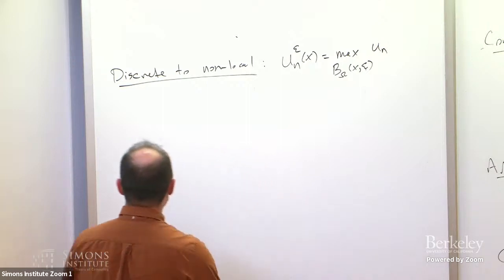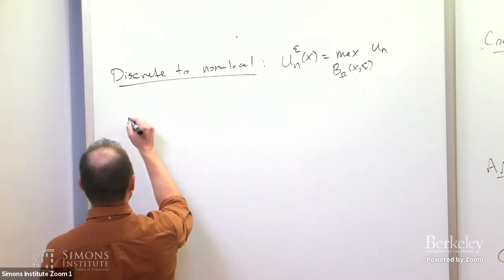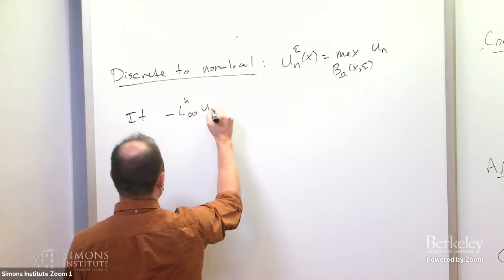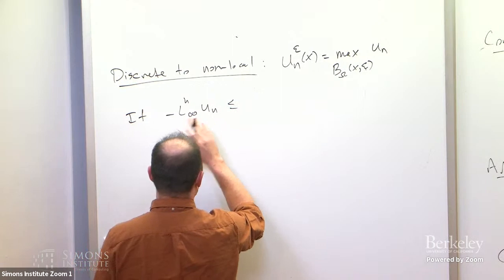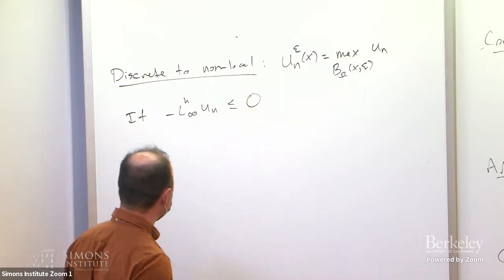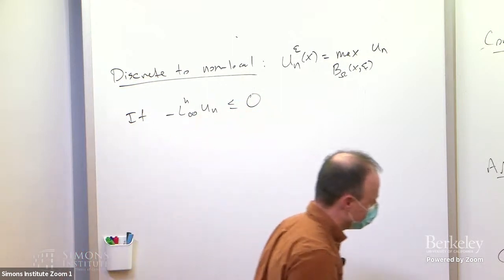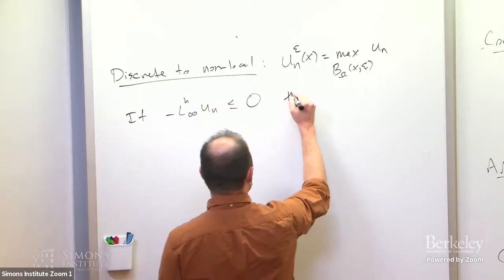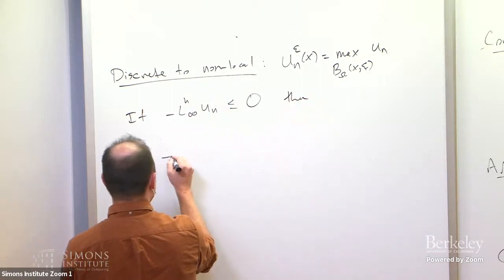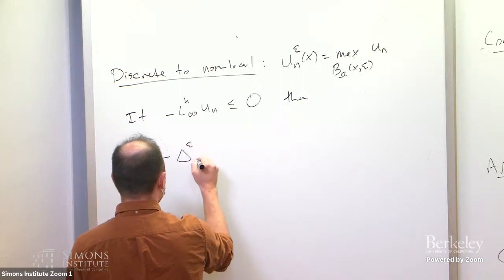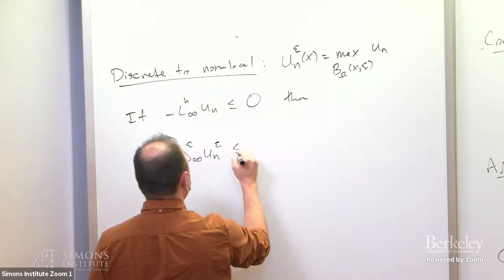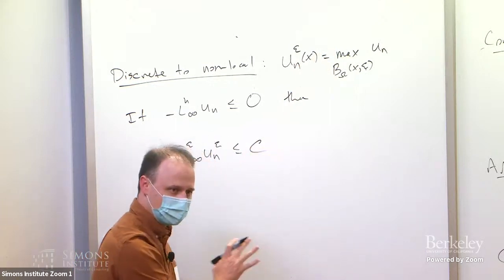Okay. And the result for discrete to continuum is that if I have a subsolution on the graph, right? So minus Laplacian of un is less than or equal to 0. Of course, it's equal to 0 if it's the solution, but you need just the subsolution condition. Then minus non-local operator applied to this extension is close to 0, okay?